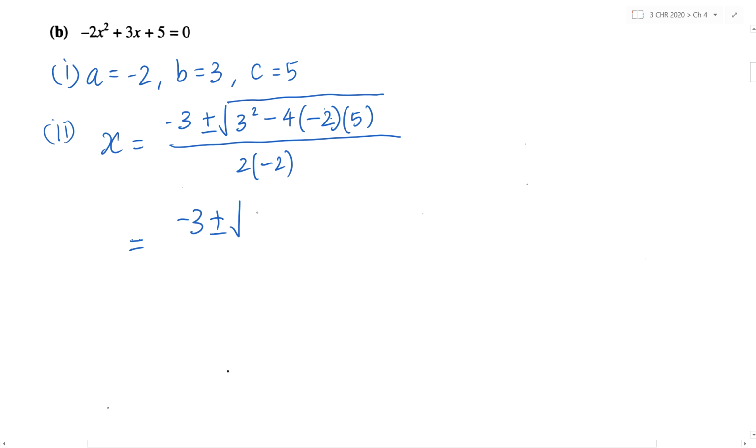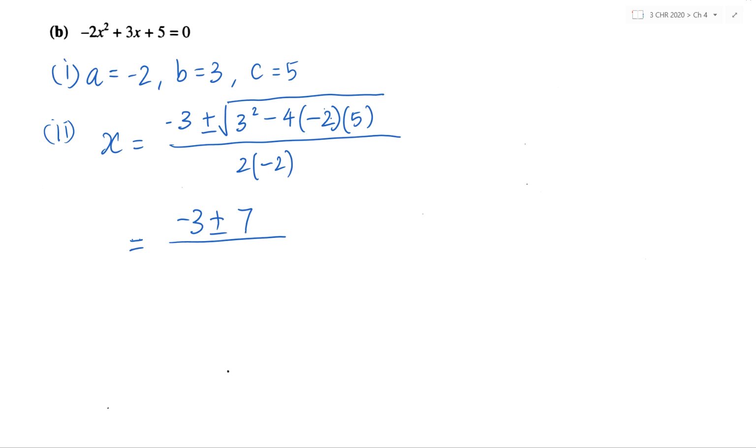Do you know how much square root 49 is? 7. Square root, answer is 7. Very convenient. So all this square root 49, you could have replaced it by 7. Simplify things. Even better, right? If you want to leave it as square root 49, also can.